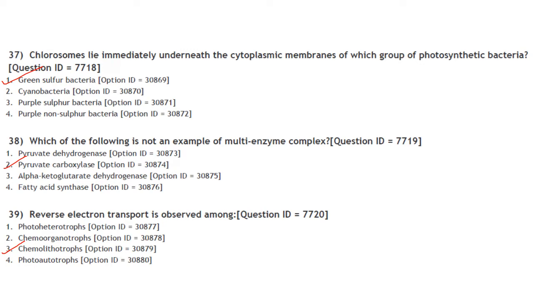Then next one. Which of the following is not an example of multi-enzyme complex? Pyruvate dehydrogenase, yes. Pyruvate carboxylase, no. So answer is option 2. Then reverse electron transport is observed among chemolithotrophs. Answer is option 3.